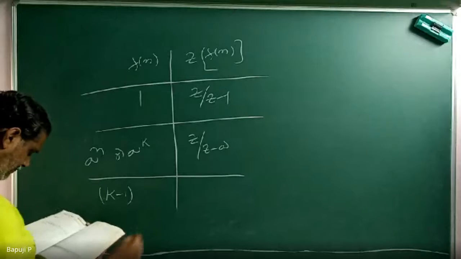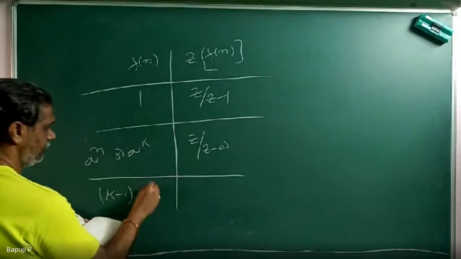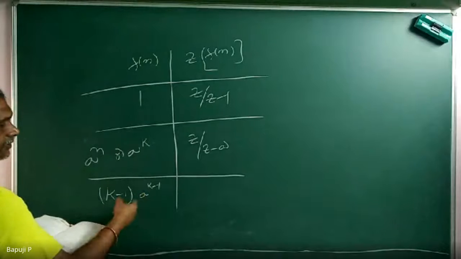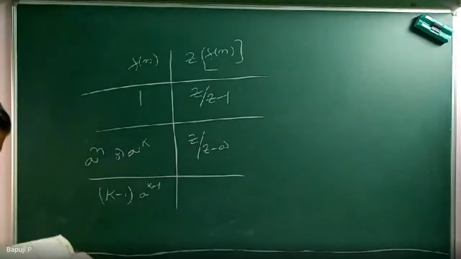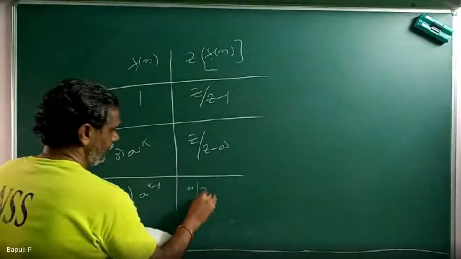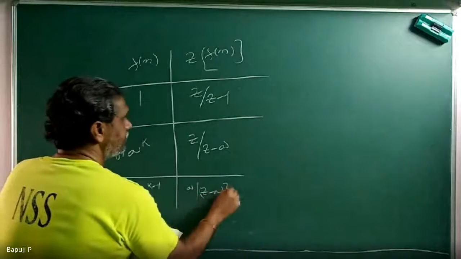Then k minus 1, a to the power of k minus 1 or n minus 1. We can write n also because there is no space, only one thing I am writing. So what you will get is a by z minus a whole square.